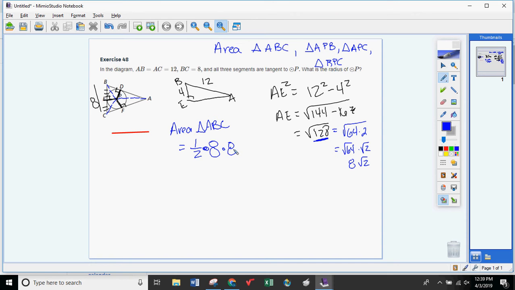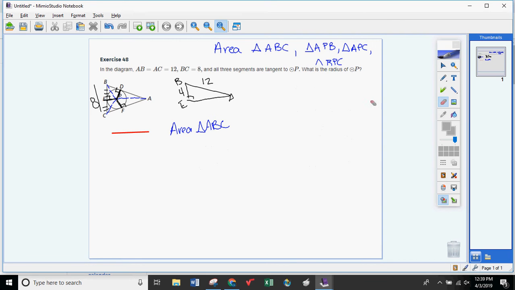So this becomes 8 times the square root of 2. So half of 8 is 4, 4 times 8 square roots of 2. That's 32 square roots of 2, or 32 radical 2. So that's the area of triangle ABC. Now I have to give myself more room. So I know that the area of triangle ABC is 32 radical 2, the whole thing.